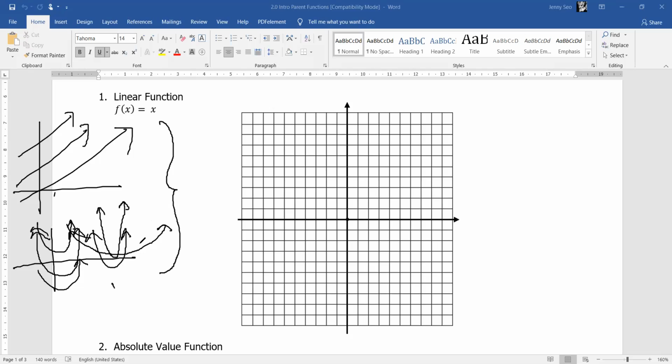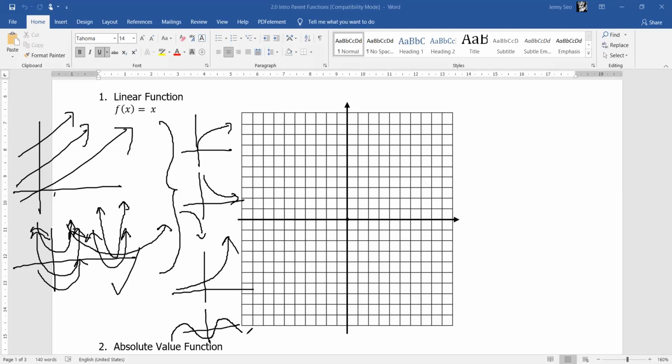If you get the hang of transforming parabolas from grade 10, you are going to use that same knowledge to transform a graph that looks like this, a graph that looks like this.